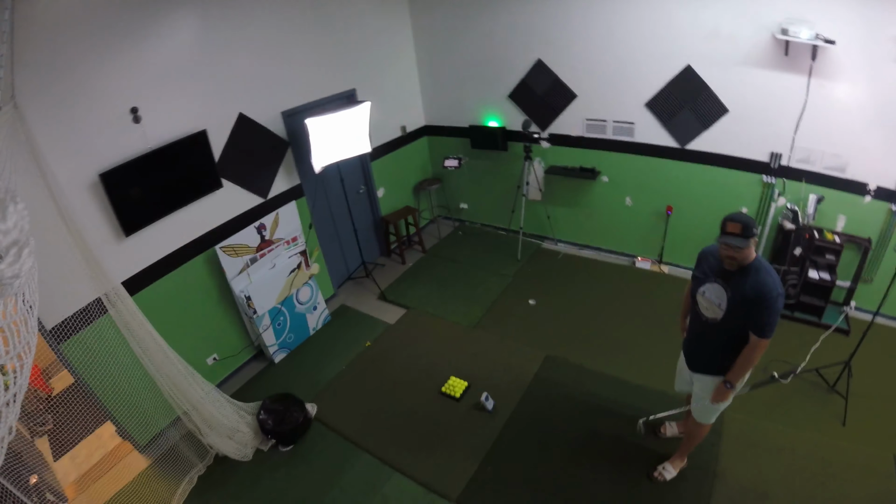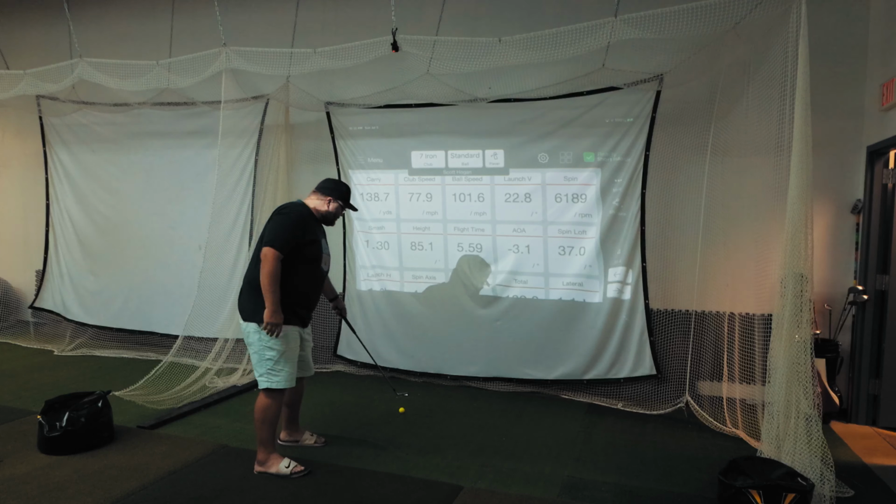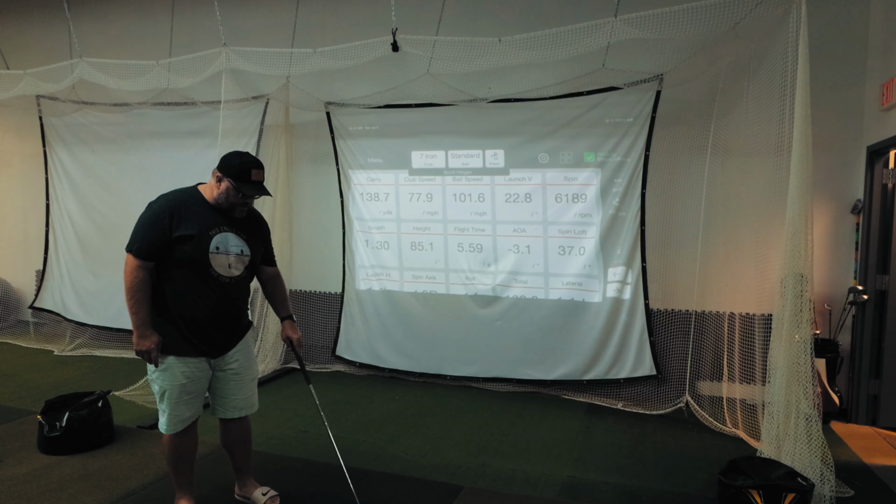So, not too bad. 77 on the club speed. We're going to have to retry that. I didn't get a good read down here on the bottom.